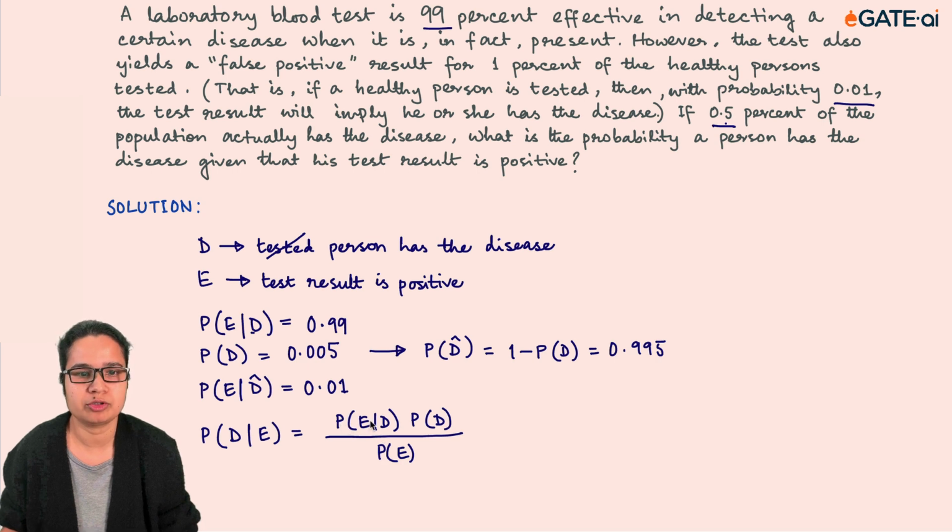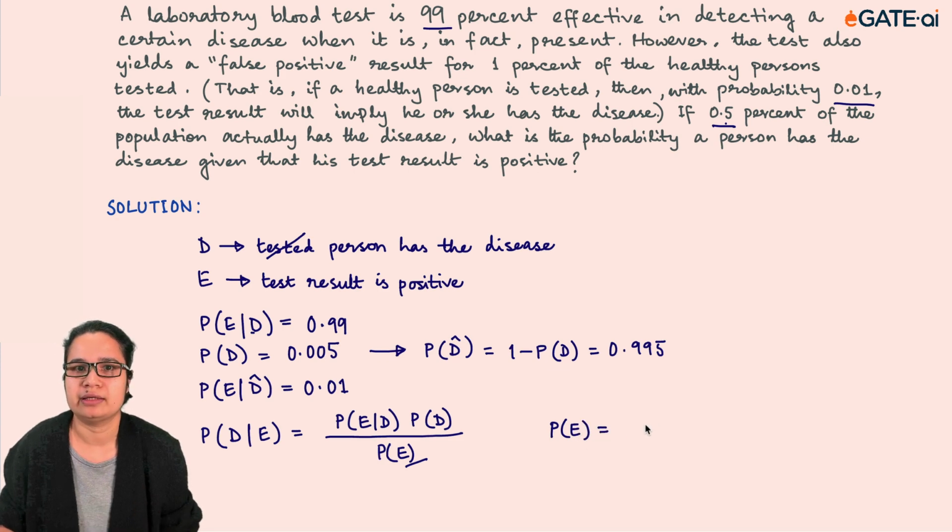We know probability of E given D, that's 0.99, and we also know probability of D, that's 0.005, but we do not know probability of E right now. So we need to calculate that. How do we calculate probability of E?